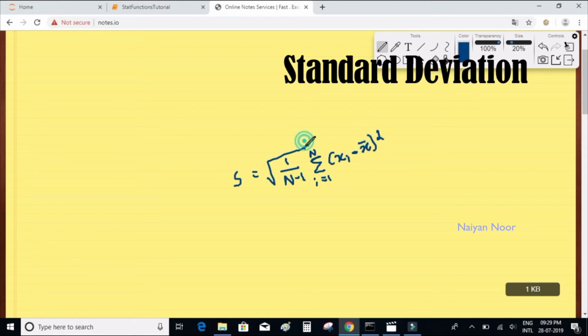Don't get confused, we'll solve a simple example to understand this much better. n is the total number of elements you have in your data.